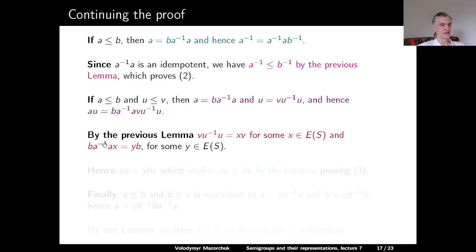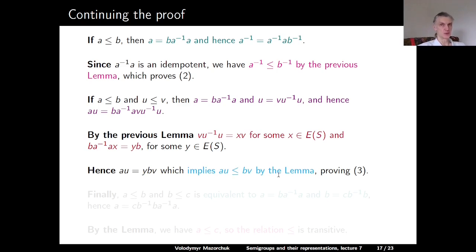So here A inverse AX is an idempotent, so we can move it past B and have YB for some Y in E of S. Therefore, AU is equal to YBV, and which implies that AU is less than or equal to BV, again by that lemma, and this proves our condition 3.